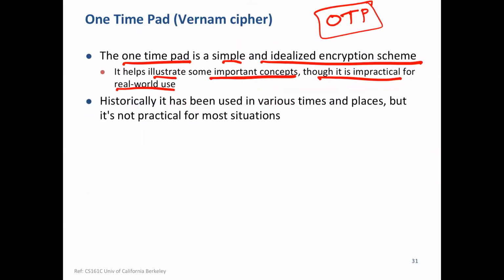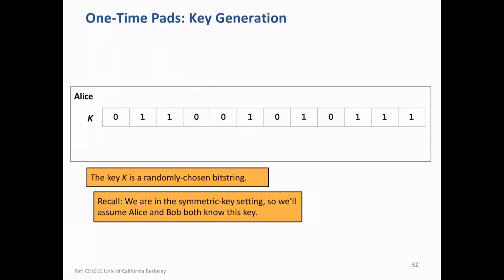Historically people tried to use it, but they found it's not very practical. Note that the message is always in terms of zeros and ones. Similarly, keys are in terms of zeros and ones. Now the key that Alice chooses is randomly chosen, of some length. These bits here are randomly chosen.